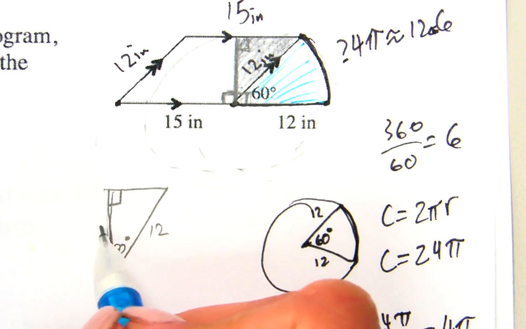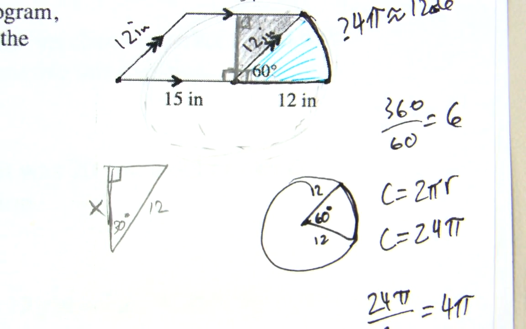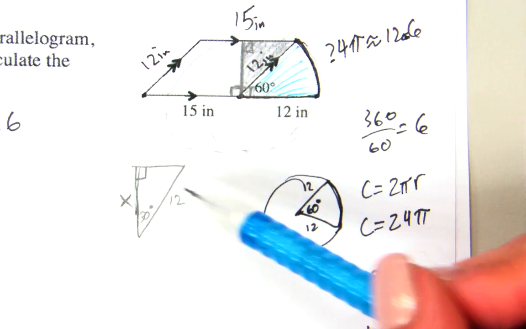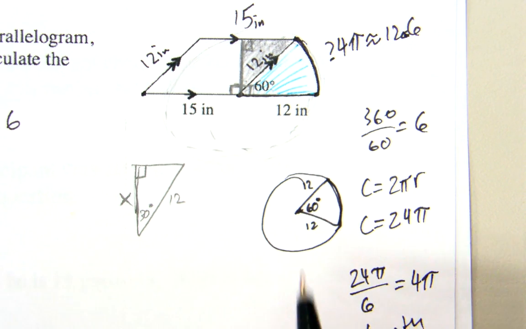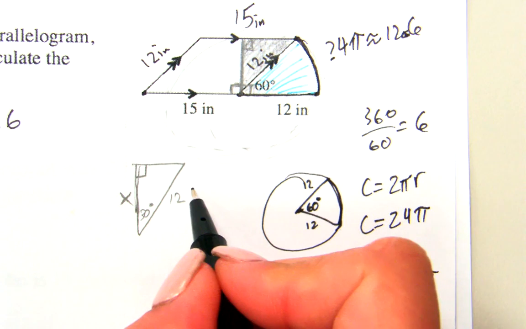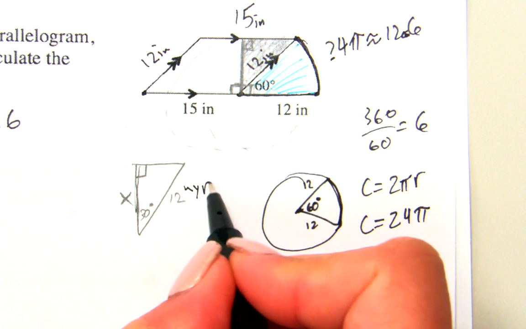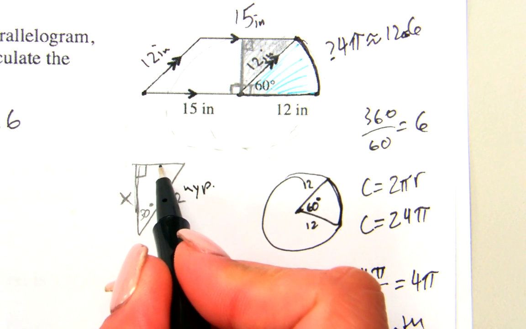So I'm going to call this part x right here, because we want the height. There's actually no other way to do this without using trig. There's just no way.